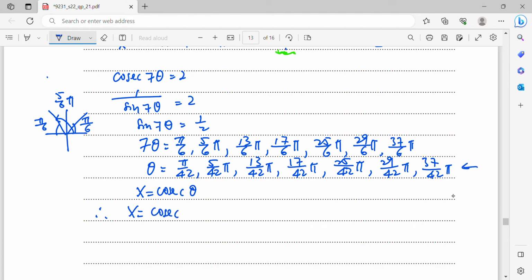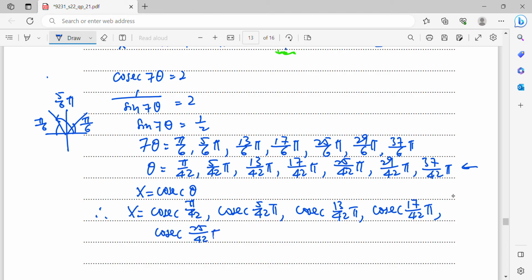So cosec pi over 42, cosec 5 over 42 pi, cosec 13 over 42 pi, cosec 17 over 42 pi, and then cosec 25 over 42 pi, cosec 29 over 42 pi, and cosec 37 over 42 pi. Alright, so that's the solution for this question.